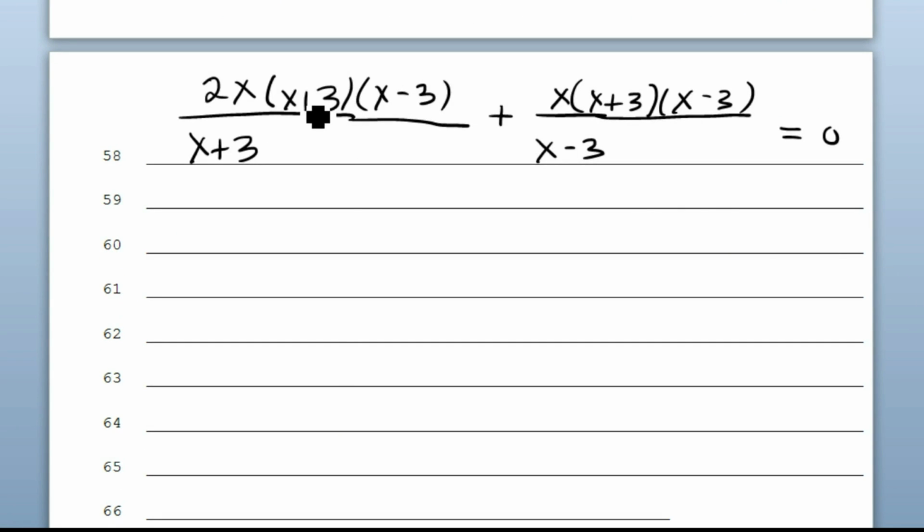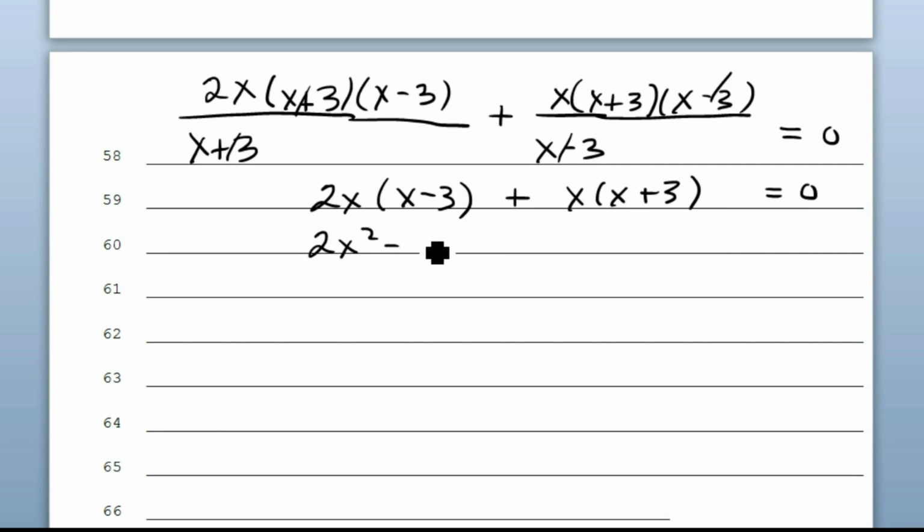And let's see, we have x plus 3's, those are out, and x minus 3's are out. So you're left with 2x times x minus 3 plus x times x plus 3 equals 0. And that's 2x squared minus 6x plus x squared plus 3x equals 0.